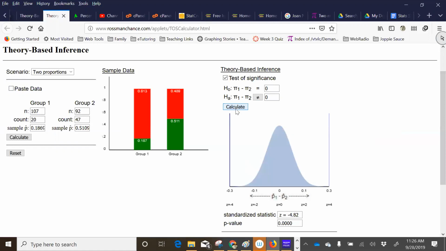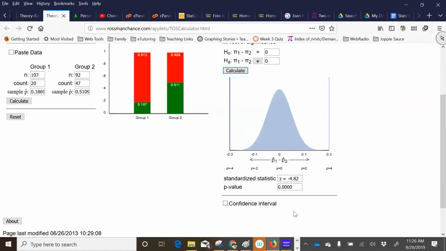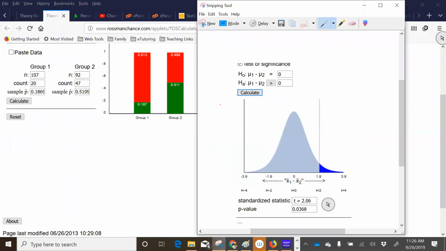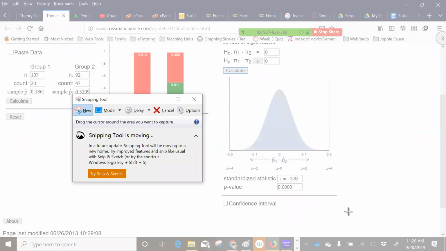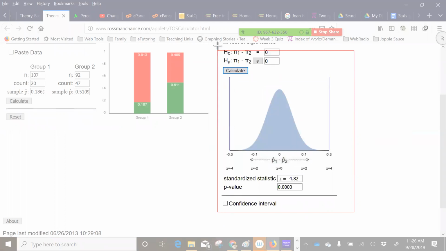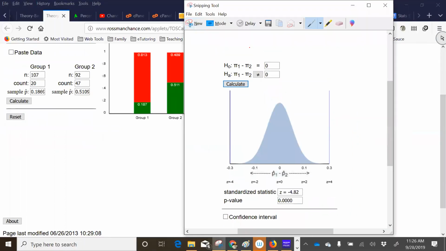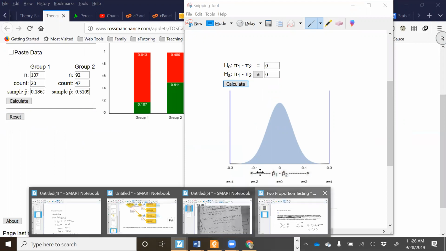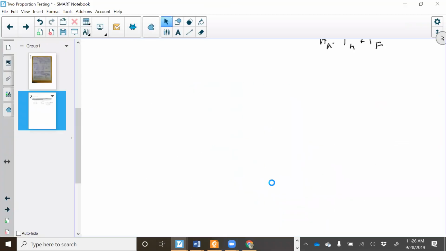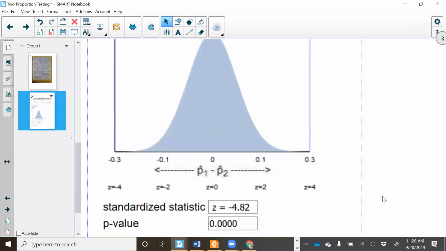I'm going to calculate and look at that test statistic and that p-value. Let's grab that and put it on that other screen, in the notes. I'll paste it in here and we'll shrink it up.